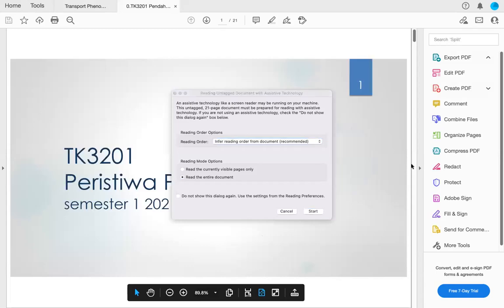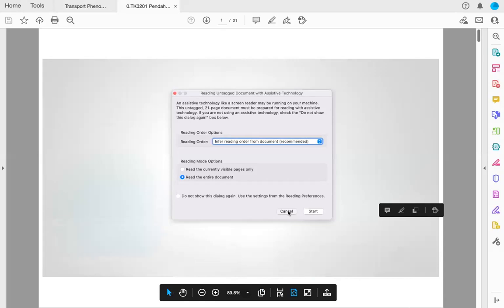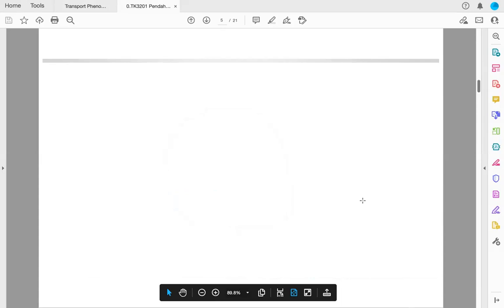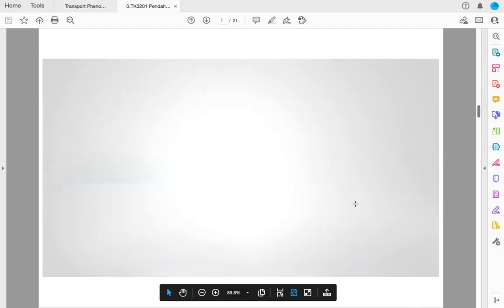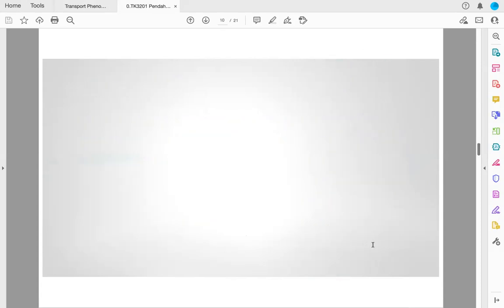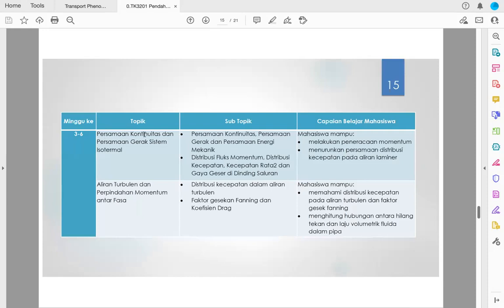Can you see my screen now? Yes, Bu. Okay, so let me check where we are. We start with the continuity equation and the equation of motion, and then there's also some turbulent flow.